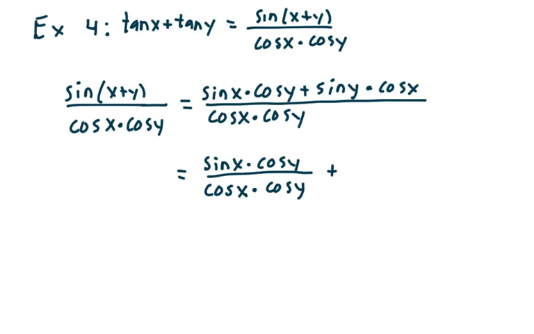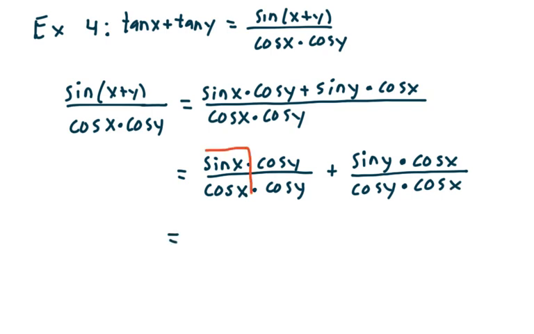Now, over here, we have sine of y times cosine x divided by cosine y times cosine x. But if I look at sine x over cosine x, that's tangent x. But the cosine y's cancel, then I'm going to go plus, the cosine x's cancel, and we get tangent y.